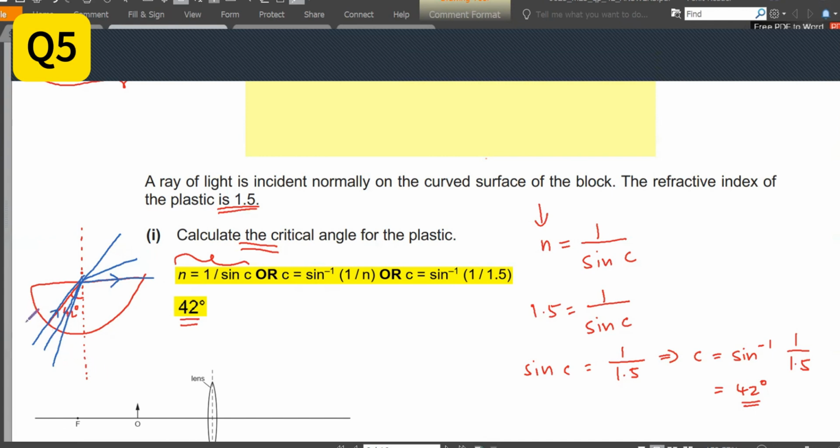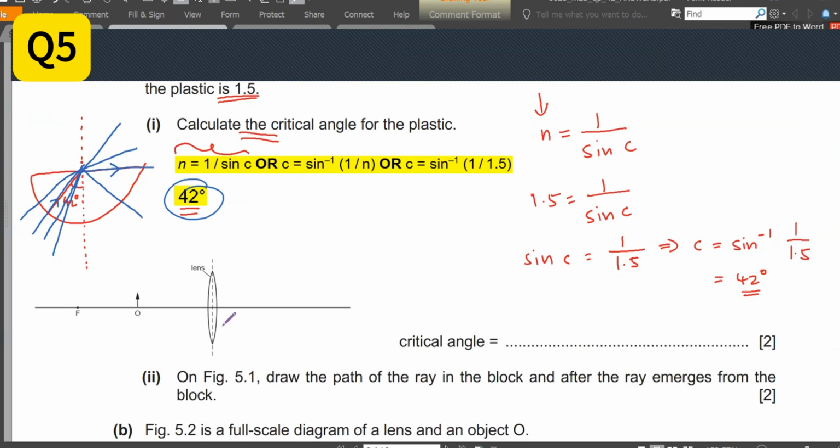As we go over the critical angle, we will start to get total internal reflection. So that is the idea for the critical angle: the angle where we get total internal reflection. The critical angle will be different for different materials.